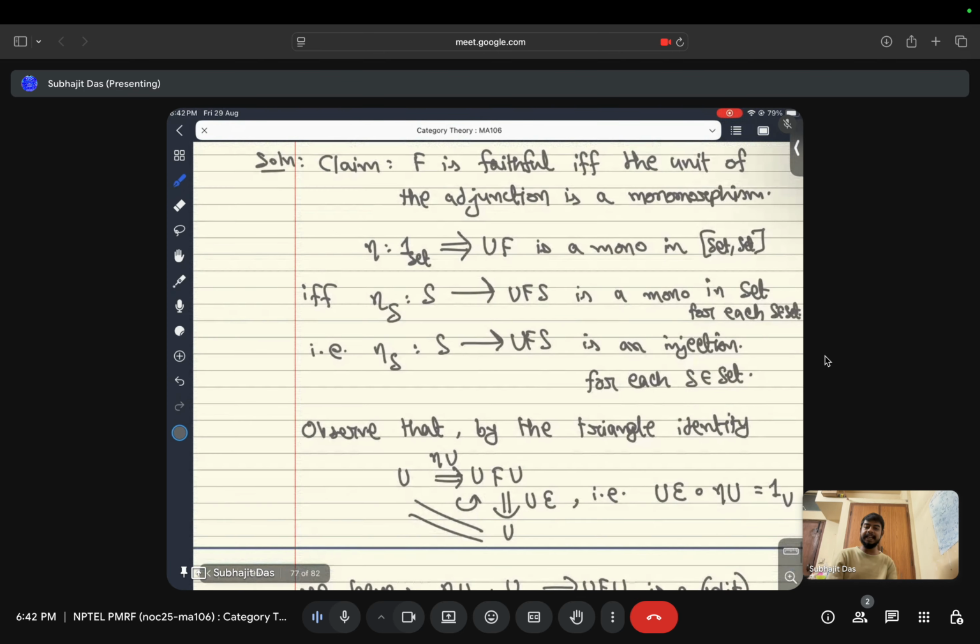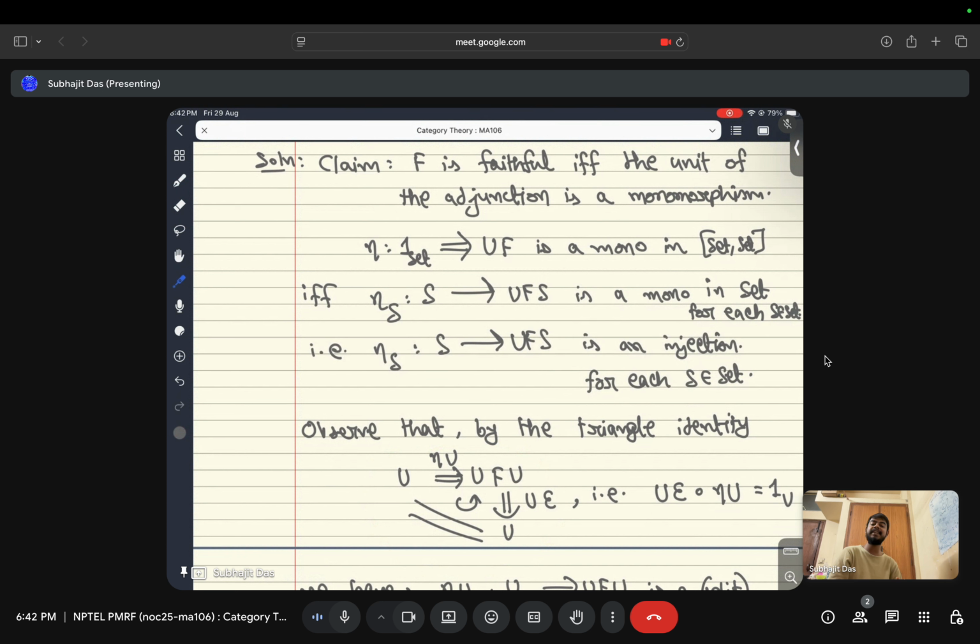So the crucial idea is to use the triangle identity, and this is actually true in general. Whenever you have an adjunction between two functors F and G, with F the left adjoint and G the right adjoint, if eta is the unit of that adjunction and epsilon is the counit of that adjunction, you have this triangle identity with U being replaced by G, then eta G is always a split monomorphism.